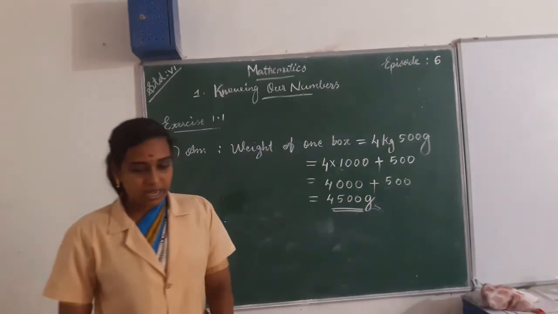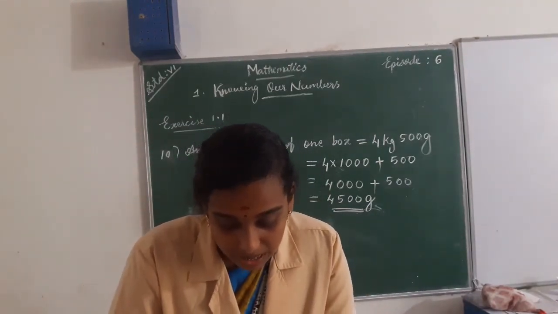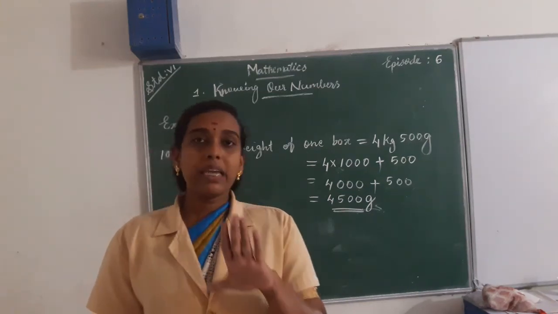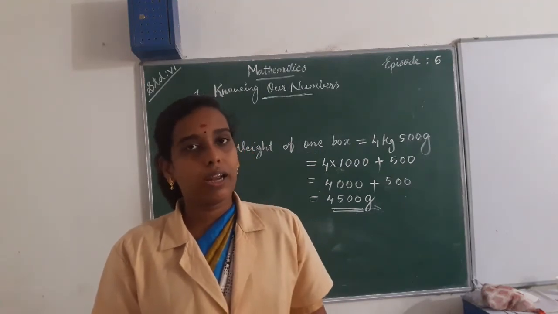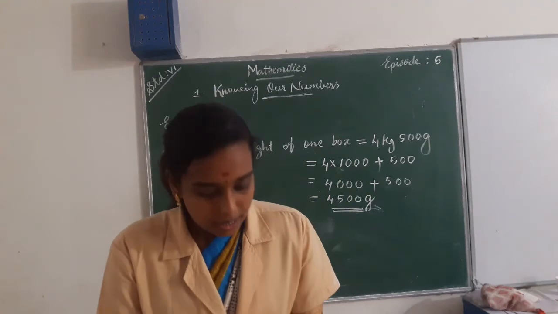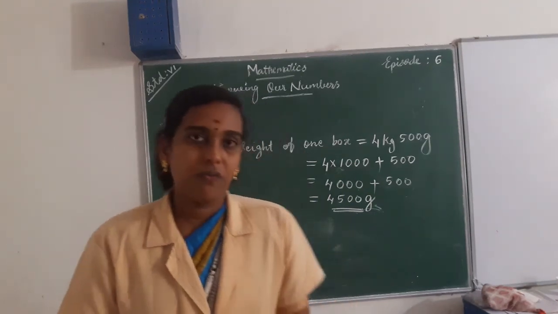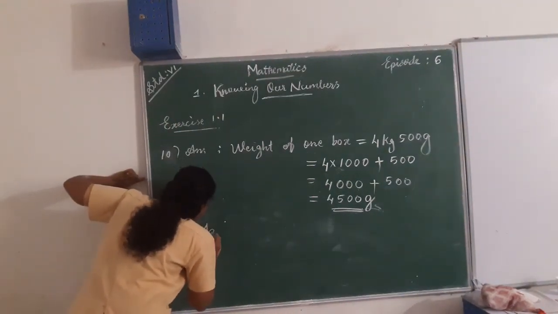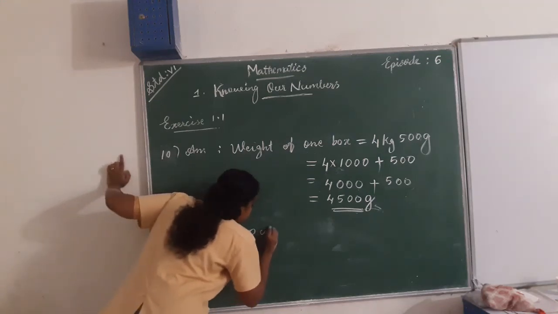And in the question, there is another hint given, that is the van which cannot carry beyond 800 kilogram. That means the maximum capacity of the van is 800 kilogram. It cannot carry more than 800 kilogram. So our next step is the maximum weight carried by the van.